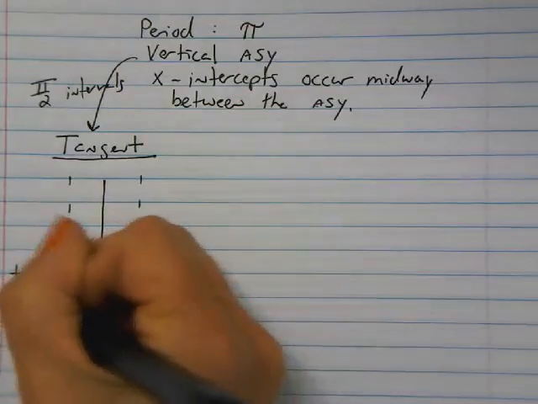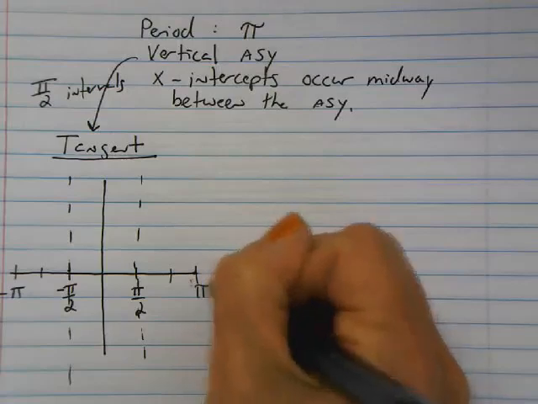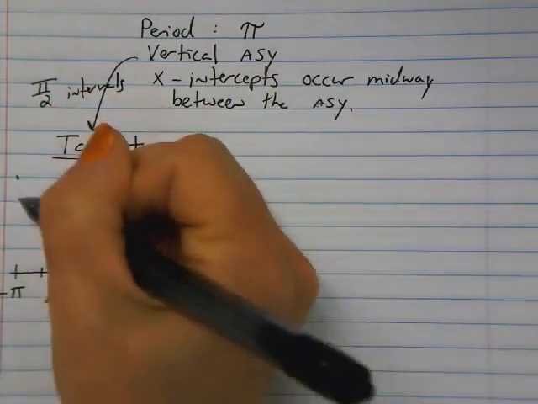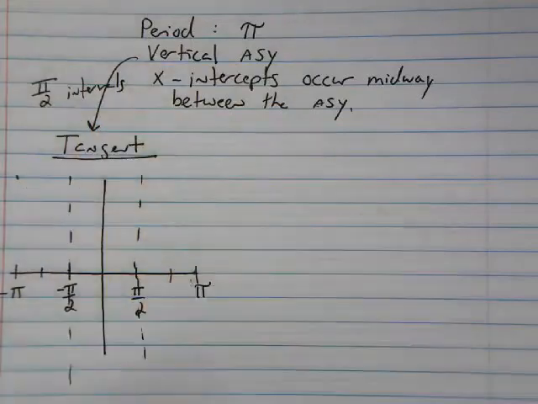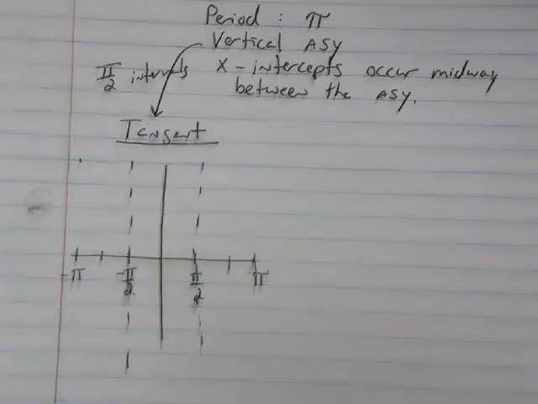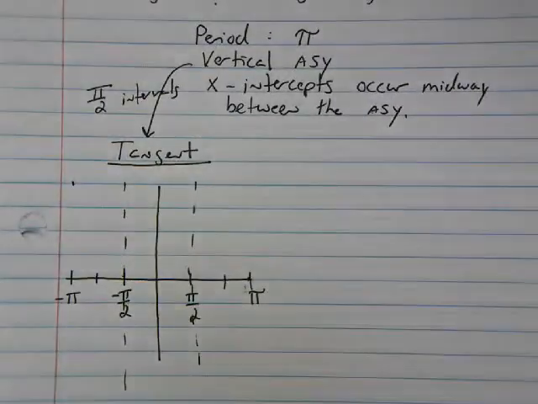Then I could go negative pi, positive pi. Now again, this is the general curve.